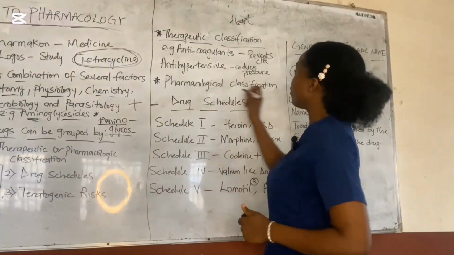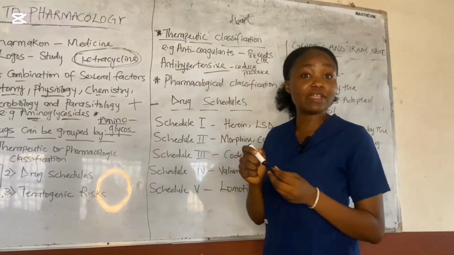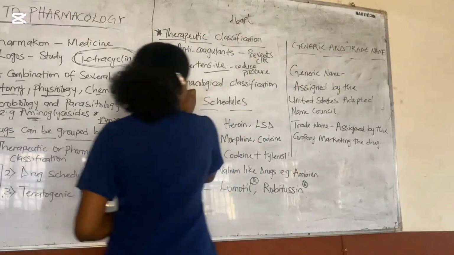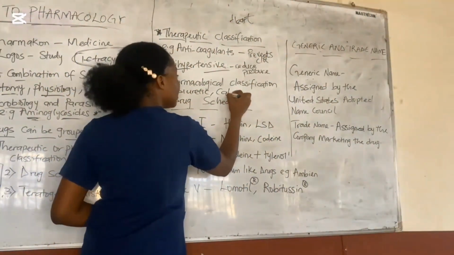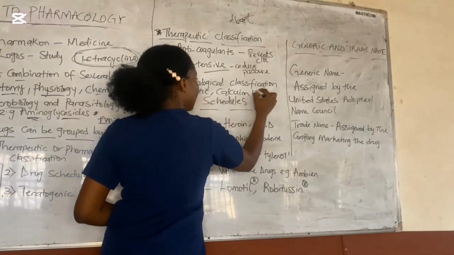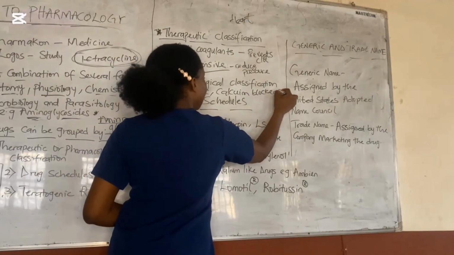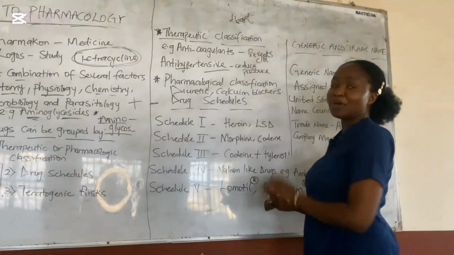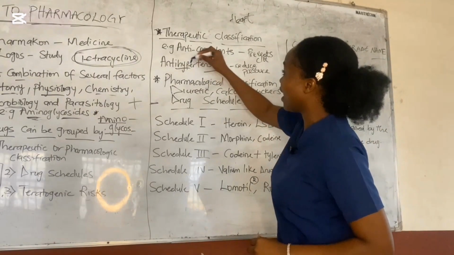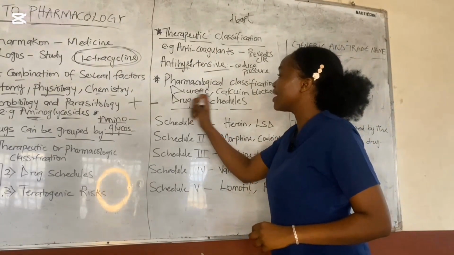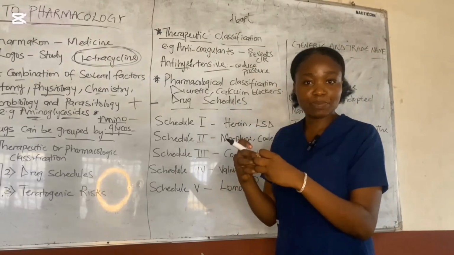But when we mention pharmacological classification, we're talking about the individual aspect of that drug. For example, there are several types of antihypertensives. There is the diuretic, there are calcium blockers, and other types of pharmacological classification. The diuretic has its own effect, helping to reduce the plasma volume.